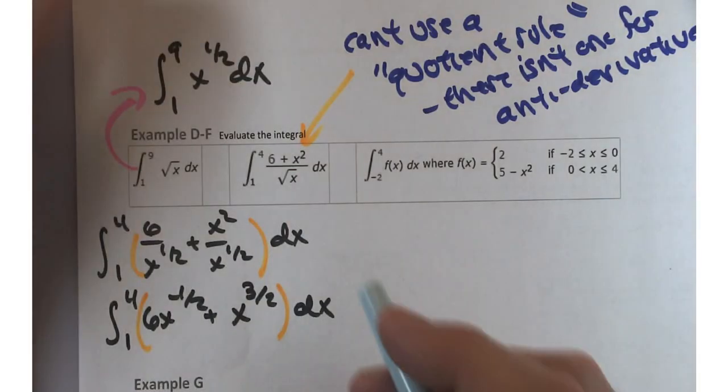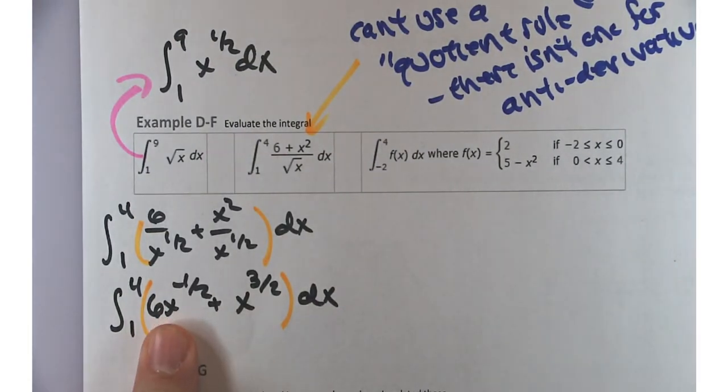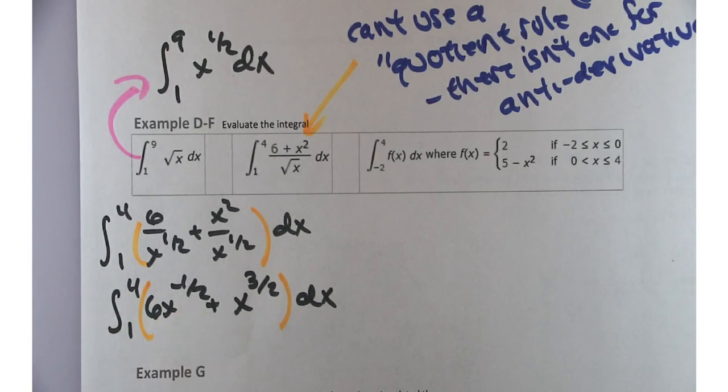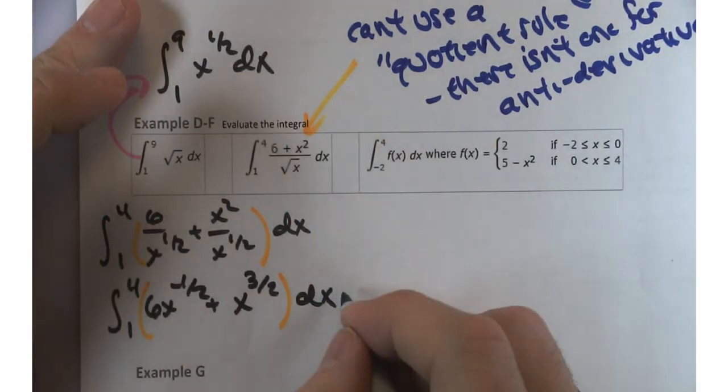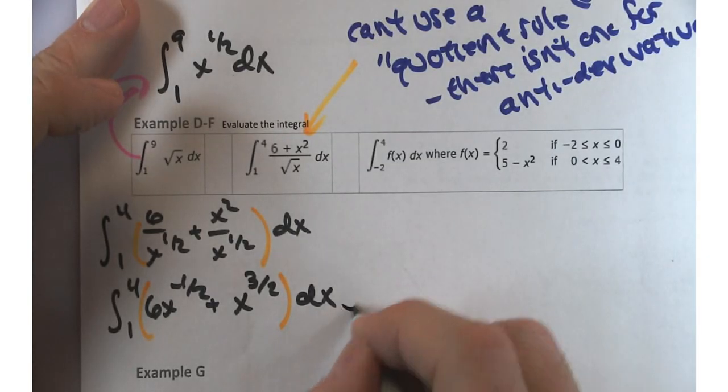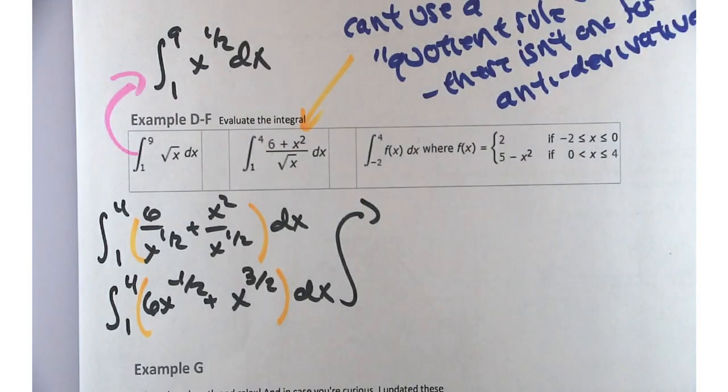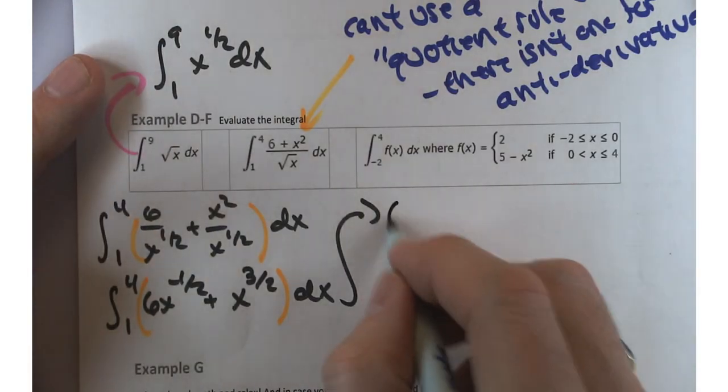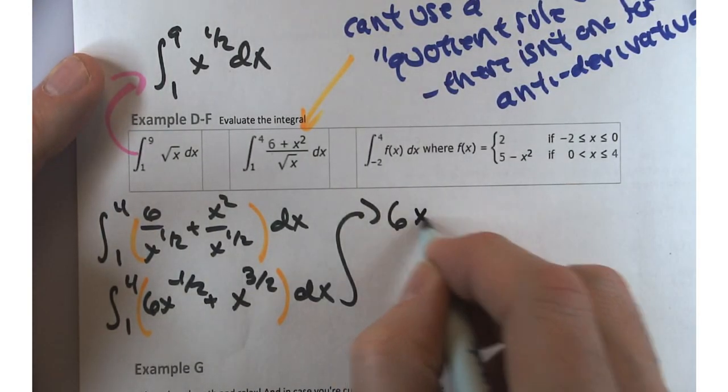All right, so as far as finding the antiderivative here, again, maybe slow things down a little bit for yourself. So that's going to be 6 times x to what power?